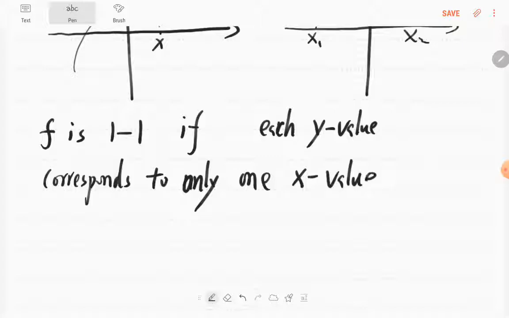Of course, this y value should be in its range. Then this is called a one-to-one function.